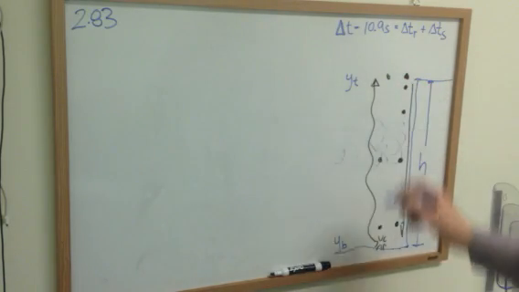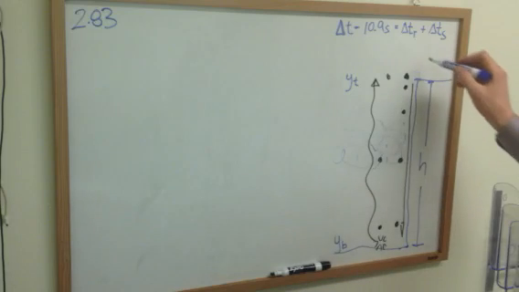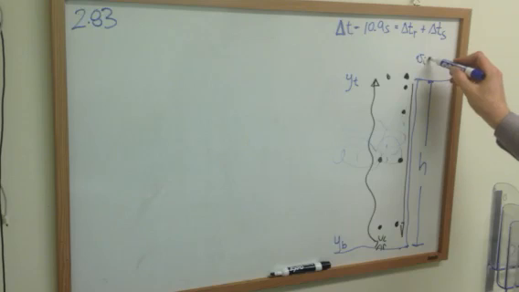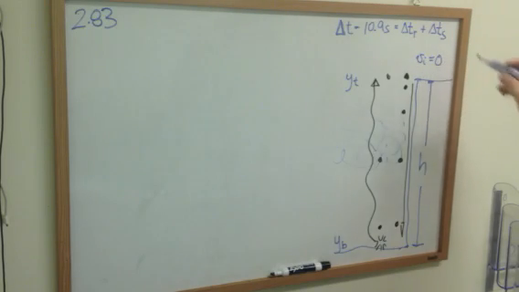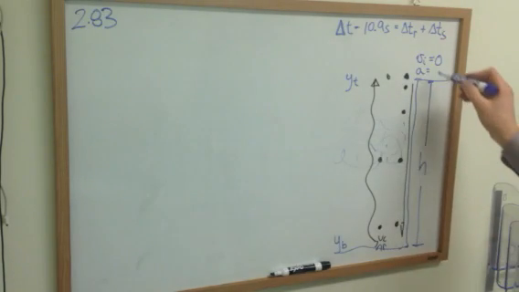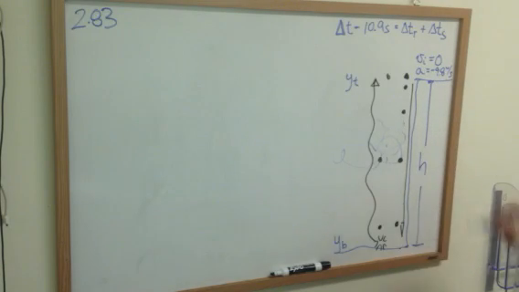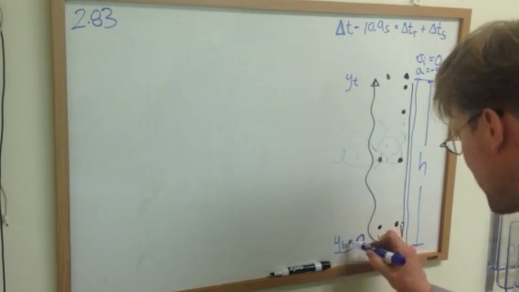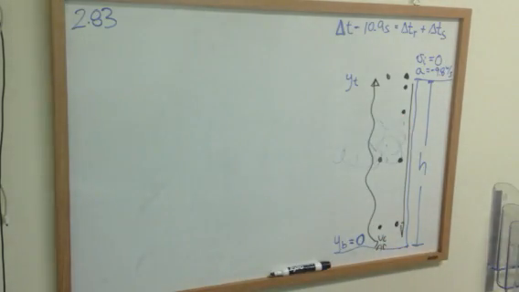We don't know these heights. Maybe we could call one of them 0. That might help. We do know the initial velocity of the rock is in our hands, so we know that's 0. We know the acceleration of the rock is 9.8 meters per second squared downwards. And, well, let's call the bottom 0. Let's say the bottom is 0 and the top is a position we don't know, and that's what we're really trying to find.